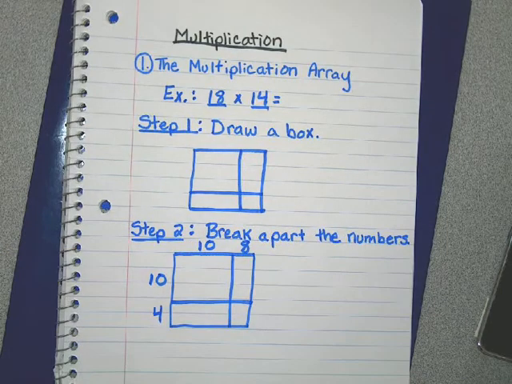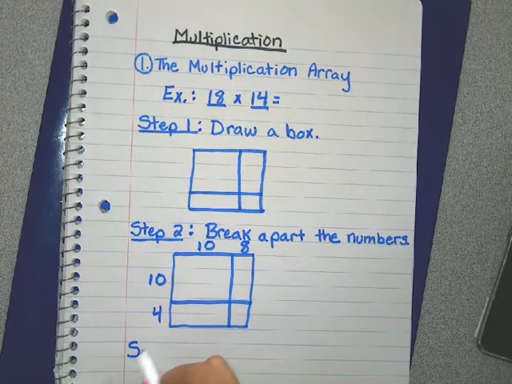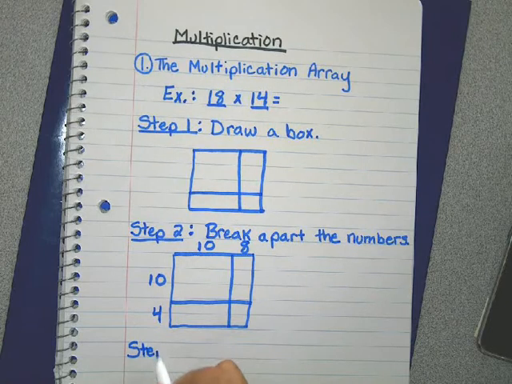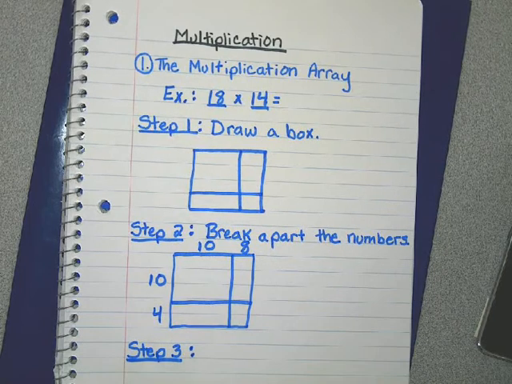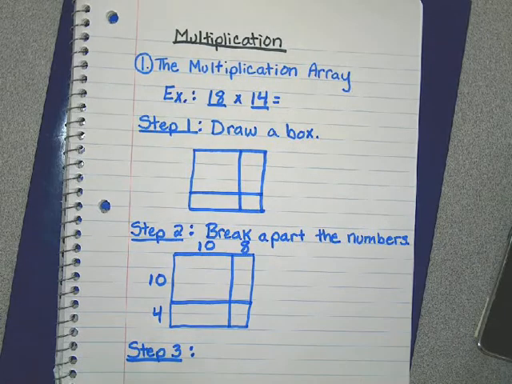At the top, I'm going to do my 18, so 10 and 8. On the other side, I'll do 14, which is the 10 and my 4. That way I have 14 times 18. Okay. Step 3.